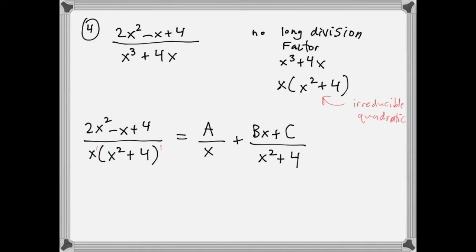Okay, let's keep going. I want 2 more examples here that are going to illustrate this. Let's look at number 5. We have 4x squared minus 3x plus 2 over 4x squared minus 4x minus 3.